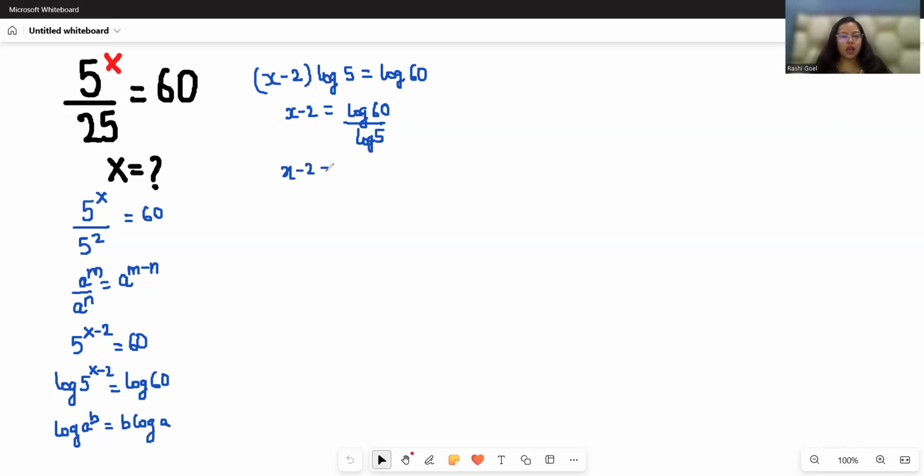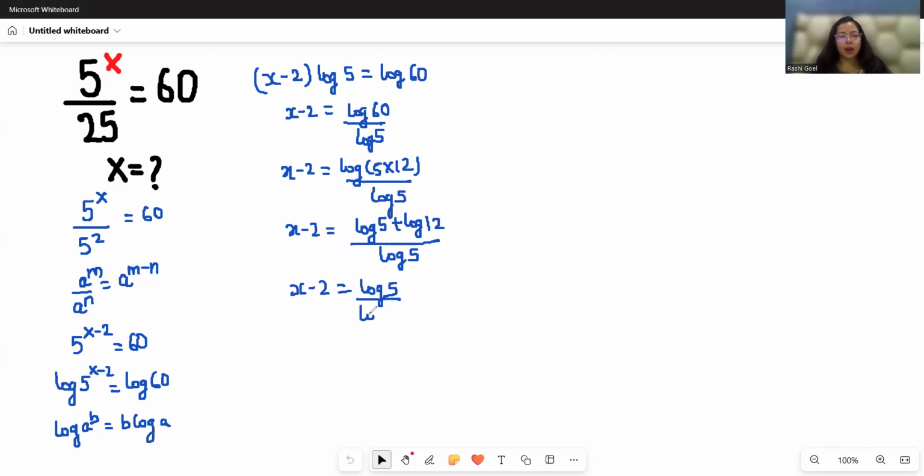Now this 60 I can write as log(5 times 12) / log 5. Now as per the log rule, log(a times b) can be written as log a + log b. So x - 2 = (log 5 / log 5) + (log 12 / log 5).